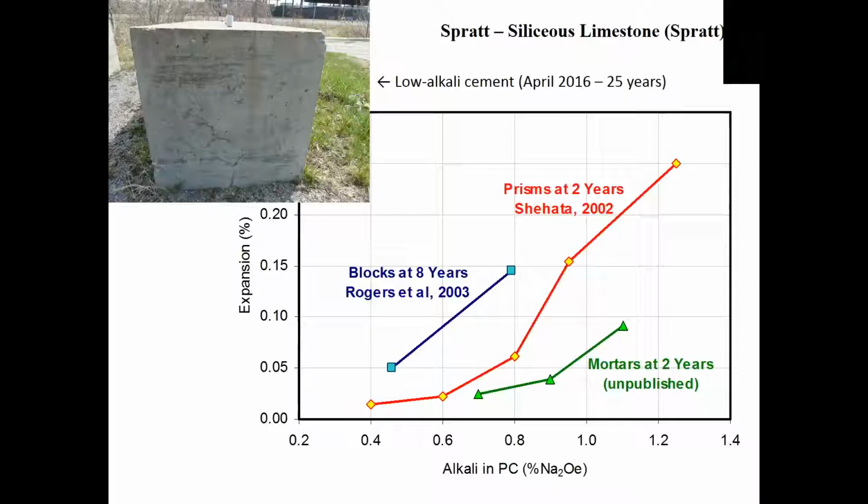That was data for the field blocks at 8 years, and here's some more recent data I extracted from a paper from the Austin ICAR conference in 2012, which shows the low alkali cement at 0.44% alkali is showing very significant expansion in the field at 20 years, but nothing happening in the laboratory.